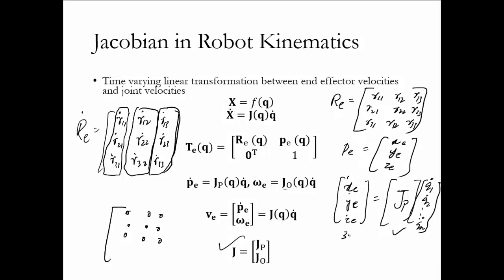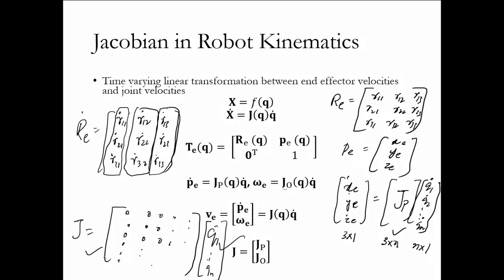So we have 3 cross 1. So this JP is actually equal to 3 cross n because we have q which is equal to n cross 1. Alright, some more terms. So this will also be our Jacobian in this case, but this will have some dependent terms. So that's why we leave it in this case here.